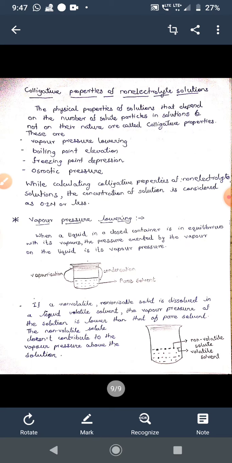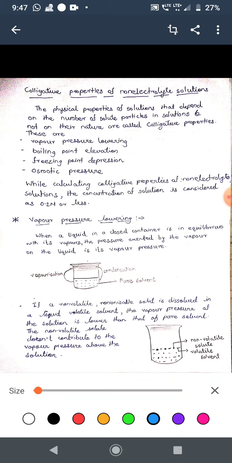There is a diagram here and you can observe it. In this beaker pure solvent is taken, and it is a pure volatile solvent. The volatile solvent is kept in a beaker and it is sealed.